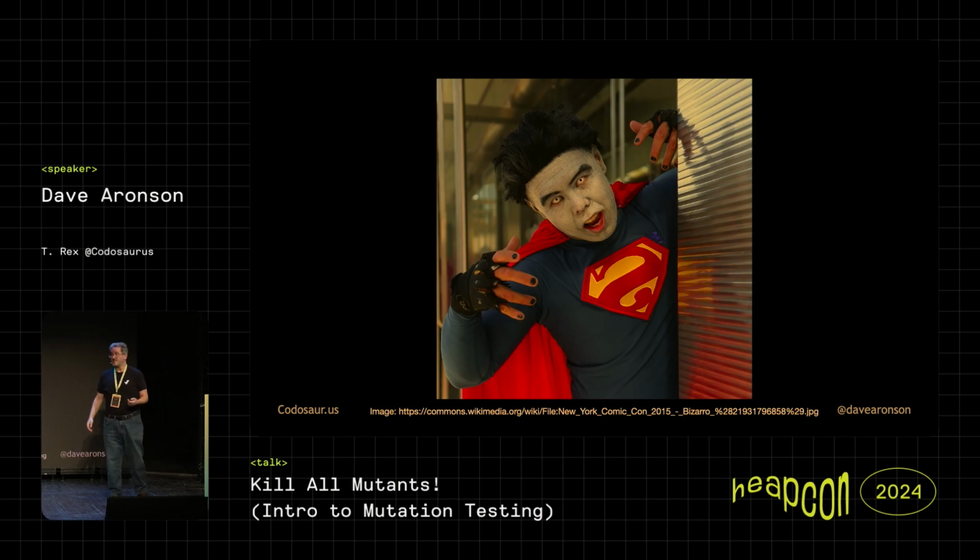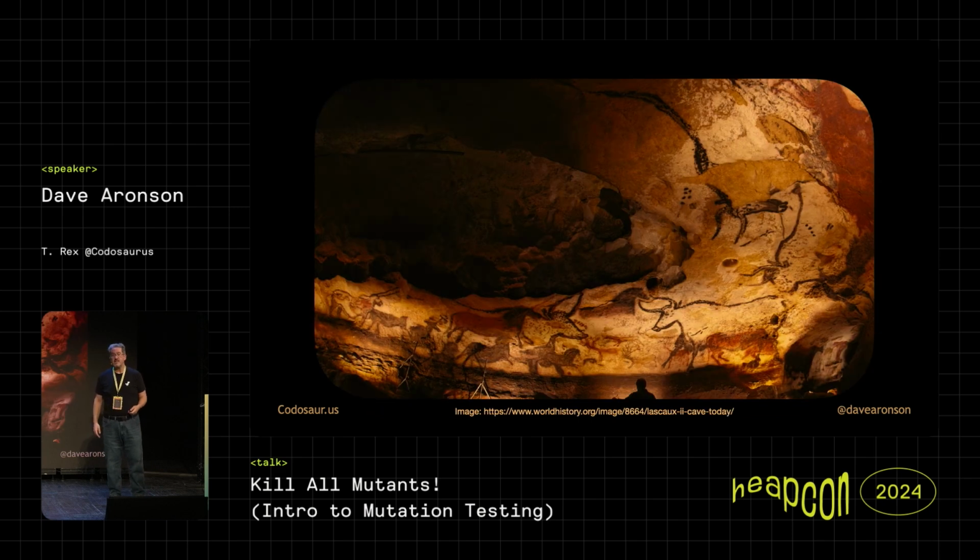Mutation testing has a surprisingly long history, at least in the context of computers. It was first proposed in 1971 as part of Richard Lipton's term paper titled Fault Diagnosis of Computer Programs at Carnegie Mellon University.